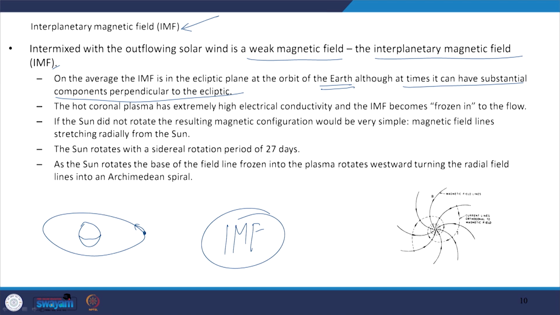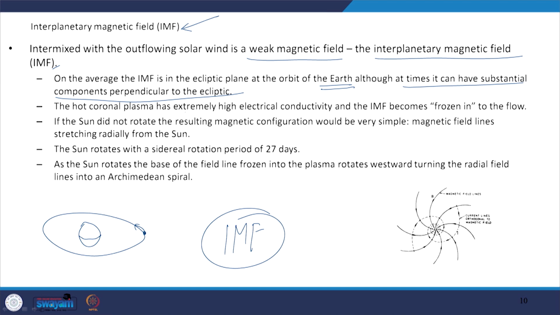What decides these things is actually part of solar physics or magnetospheric physics. But on a more generally agreeable consensus, we can say that it is more often along the ecliptic of the Earth and Sun system.